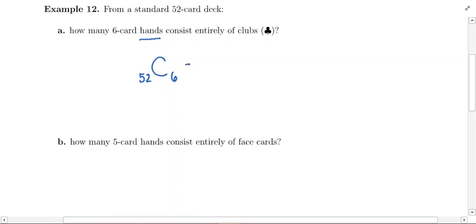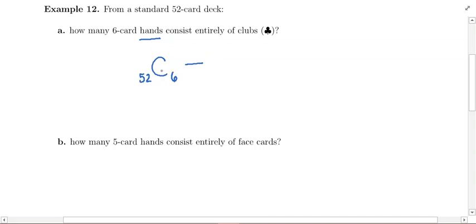If we were to do this, and I'm actually going to do this and compare it to the actual answer, this 52 is signaling to you that you are picking from the entire deck of cards. And so you're choosing 6 cards at random from the entire deck.